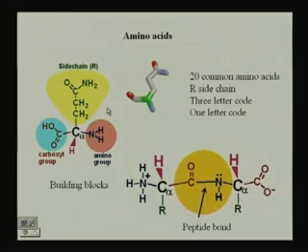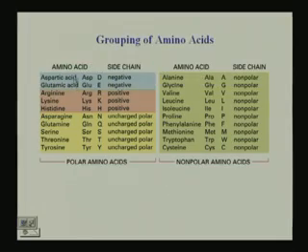The linking of the amino acids together gives rise to a peptide bond, which is the basics of any protein structure. So here we have a dipeptide that is linked, with two R groups, and we know that these R groups can have a varied number of properties depending on the components present in the R group.